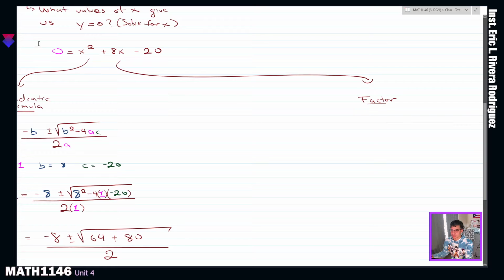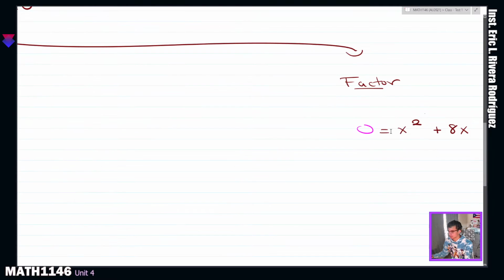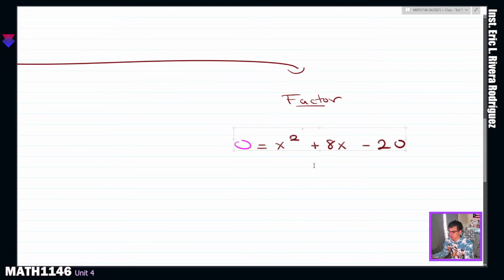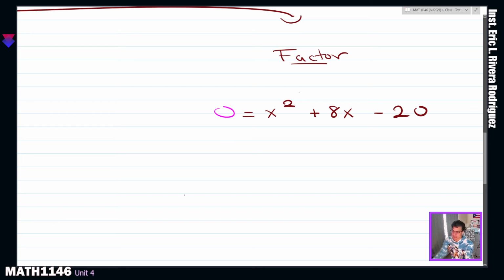Okay, so we got this here. And what we are going to do here is rewrite this equation as the multiplication of its linear factors, of two linear factors.